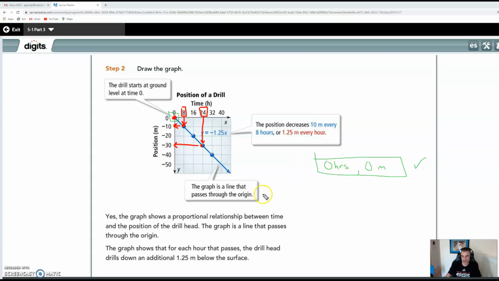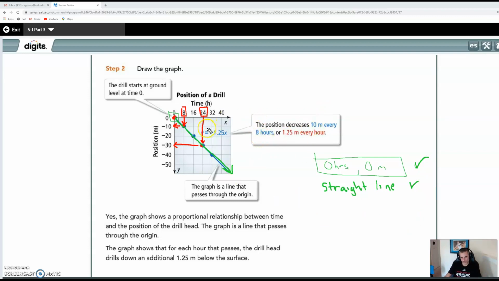And then, does it form a straight line? Yes, it does. It forms a perfectly straight line. So I know that this must represent a proportional relationship. It meets these two requirements. So yes, it is a proportional relationship.